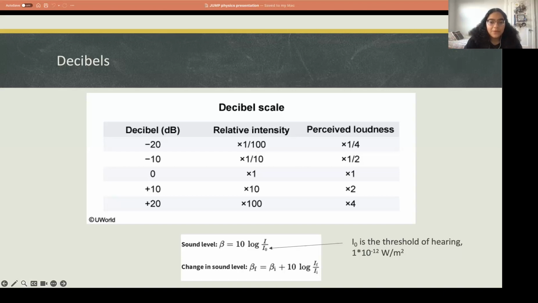And then if you want to calculate a change in sound level, and maybe you don't need to use I naught, then you can use the formula at the bottom, where your final sound level is the initial plus 10 times the log of the ratio between the final and initial intensity. But I'd say the first formula is more important, and also just having a general sense of decibels not being addition of intensity, it's multiplication.